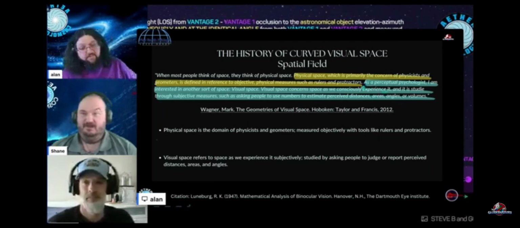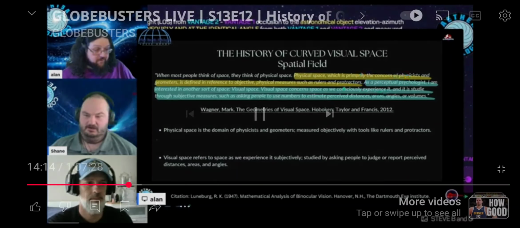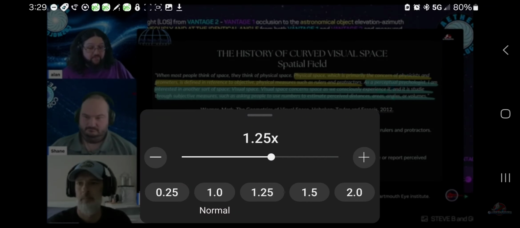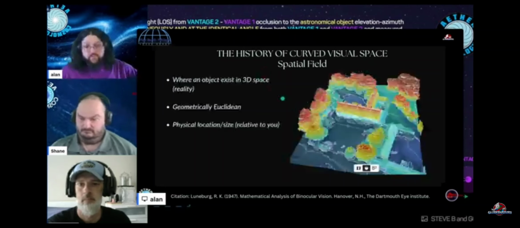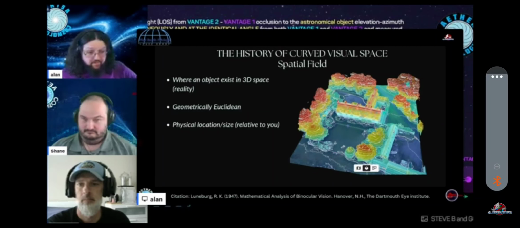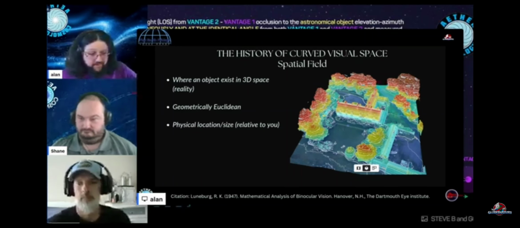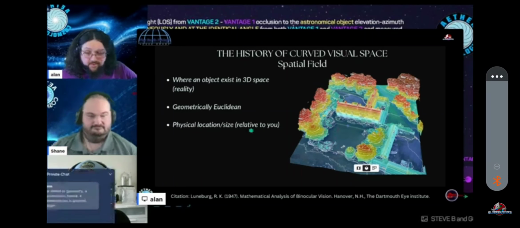So anyway, physical measurements, physically mapping something to the spatial field versus how you perceive something in the visual field. If we were to look at the spatial field analysis of this, we would be talking about the actual heights of this building, the actual elevation of these rocks behind it, right? This ridge behind it, this deviation right here, these actual measurements of the topography, right?